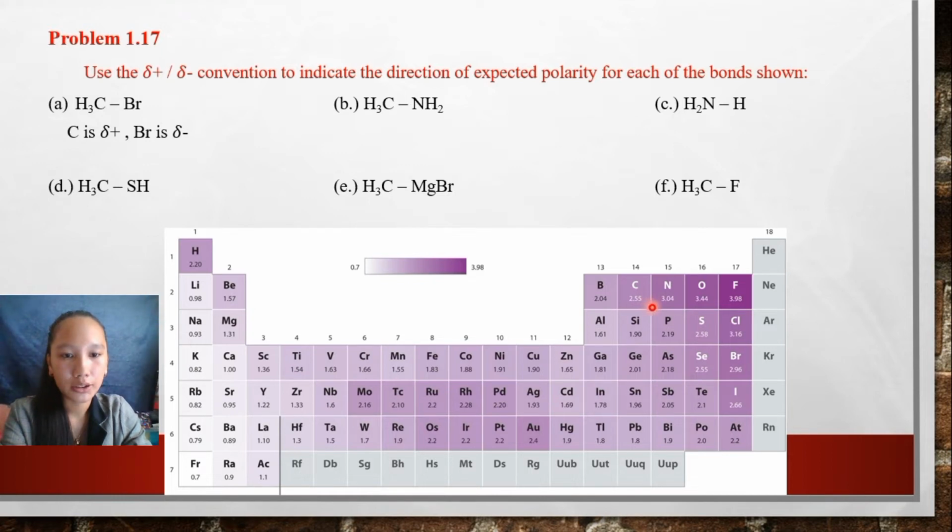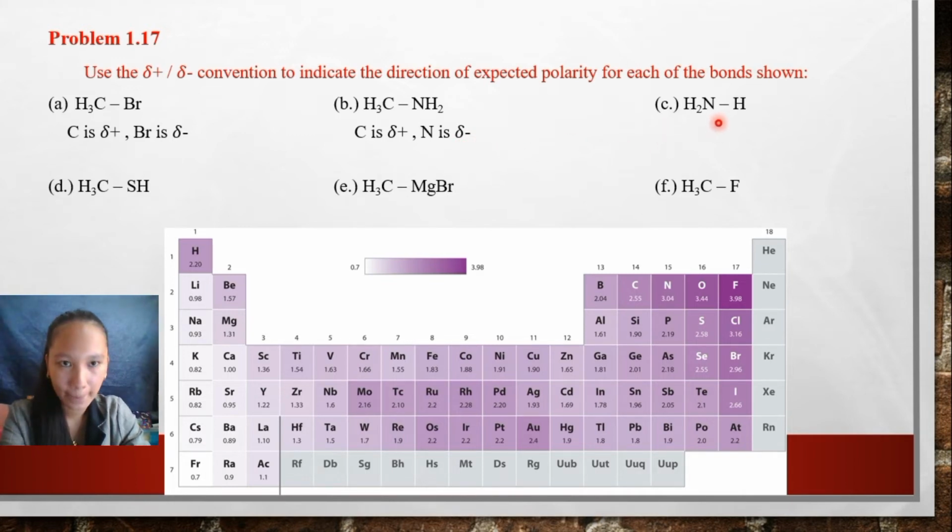Comparing the two elements, we can see that N is more electronegative than C, right? Because C has only 2.55 and N has 3.04. It means that C is partially positive and N is partially negative.